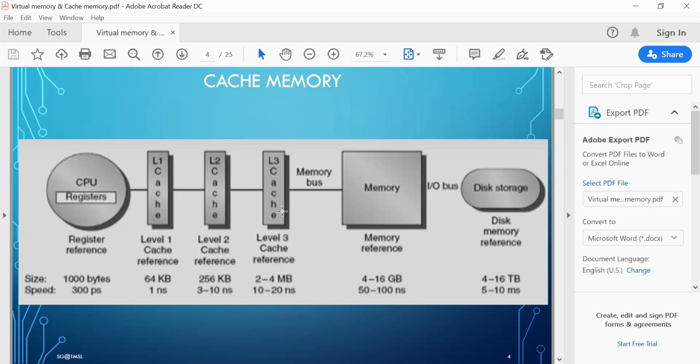All these are connected between the main memory and the CPU, and the main memory is connected with these as well as directly with the CPU. After the main memory, the IO bus is connected to the secondary devices, or disk storage, which is available in different sizes from 4 TB to 16 TB.